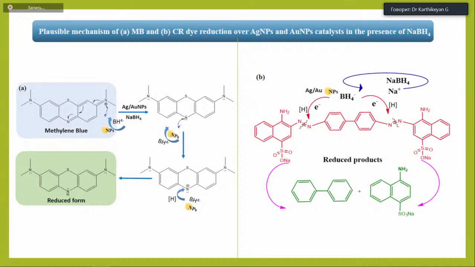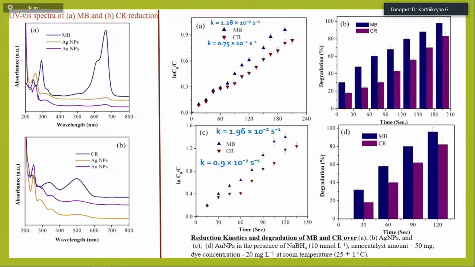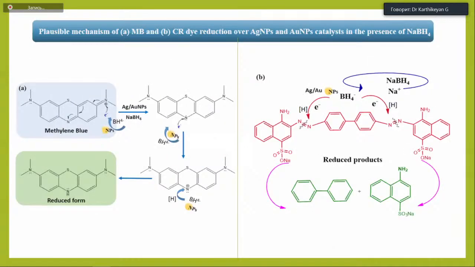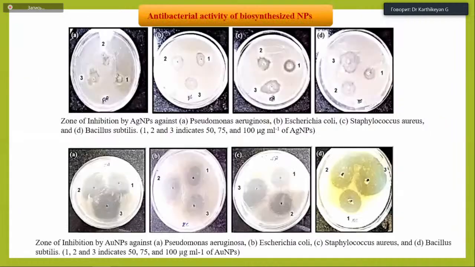The reaction is sped up by the nanoparticles delivering electrons to the dye molecules, which then get reduced. The rate of the reaction is shown by the rate constants for these reductions using the silver and gold nanoparticles.